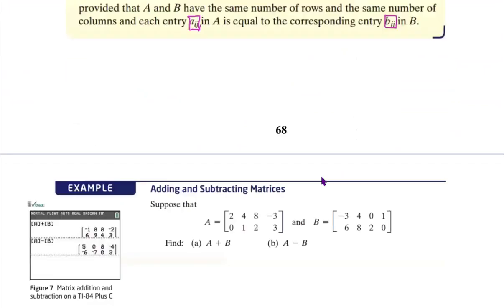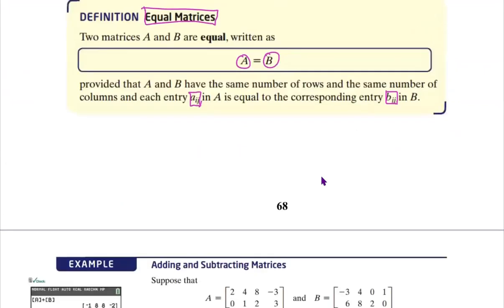Let me give you one quick example. Say I have the matrix 1, 2, 4; 0, -2, 3; and 7, 5, -3. That's a 3 by 3 matrix, which means it has 3 rows and 3 columns.